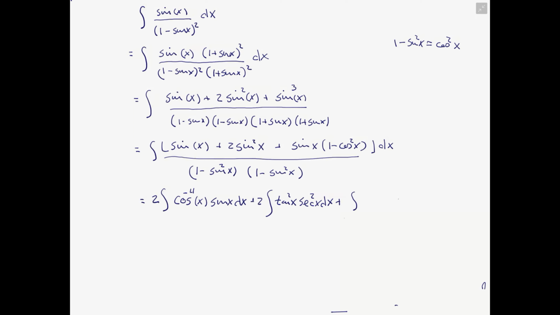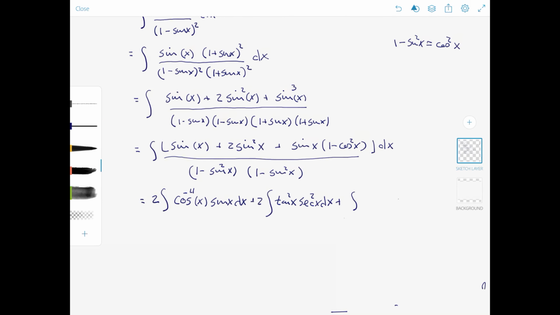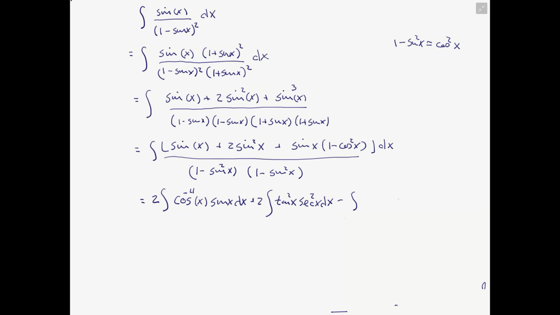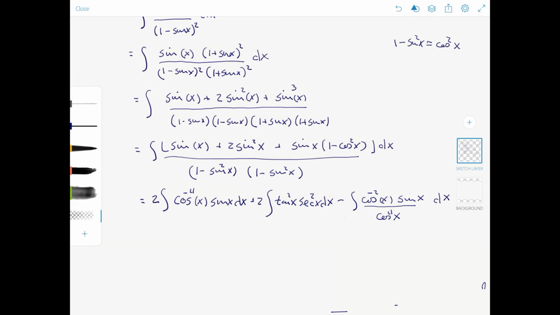And we have one last term to work with. We have minus, that's a minus sign, minus cosine squared x sine x over cosine to the 4th x dx.